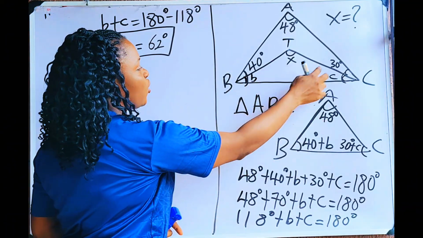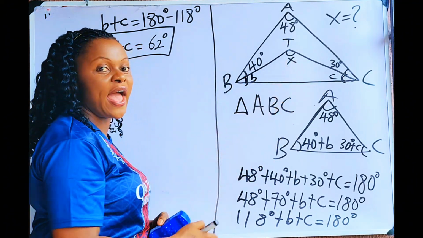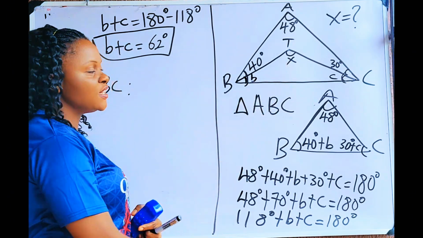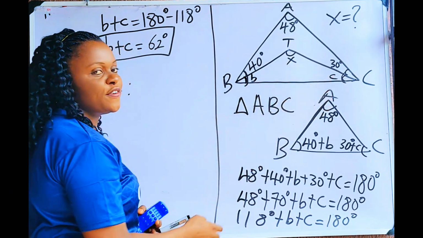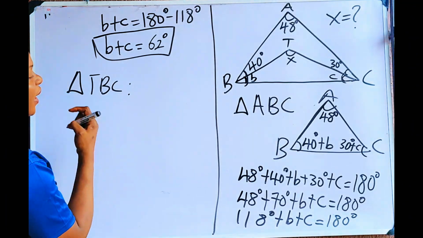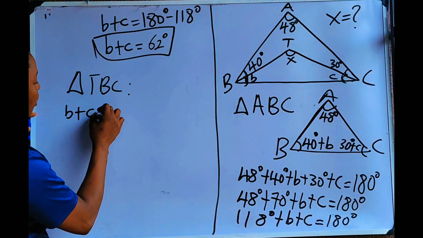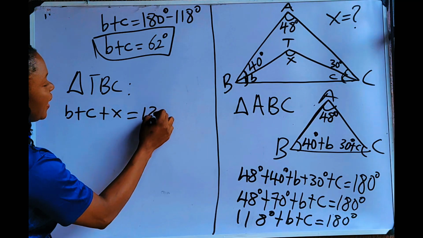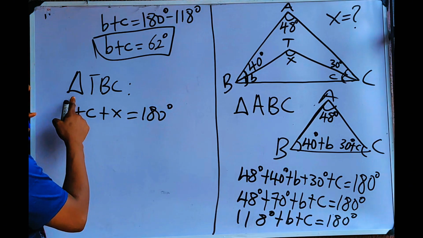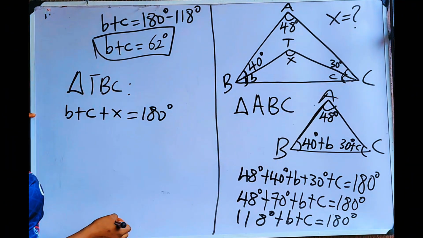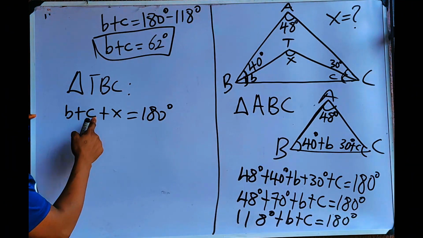So we are going to add all these angles, including the x, to equate it to 180 so that we can get the value of x, since we've known this value and this value. So from here, we are going to have b plus c plus x equals 180 degrees, in the triangle TBC. From here, we know that b plus c is 62.